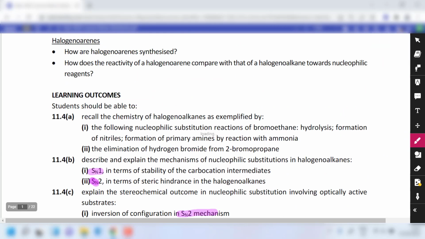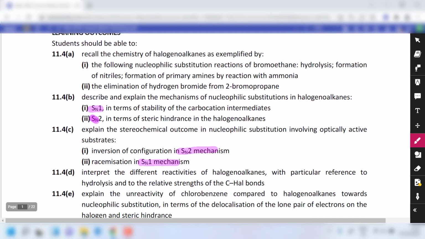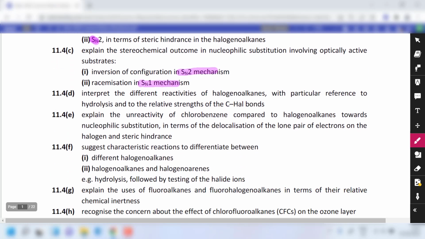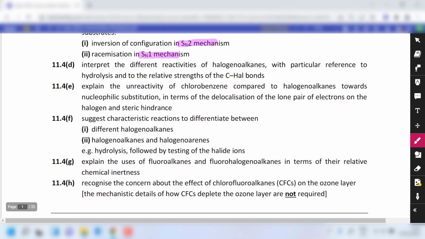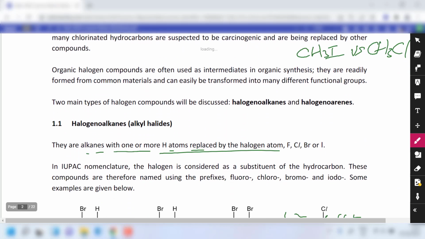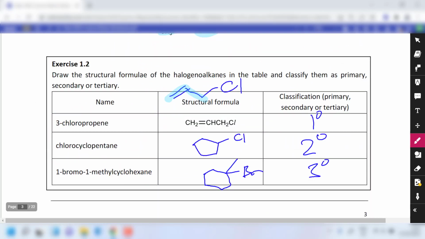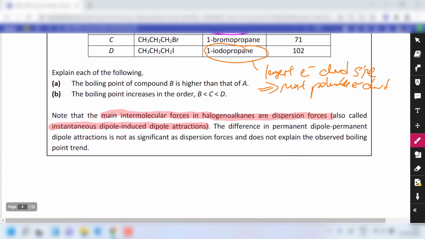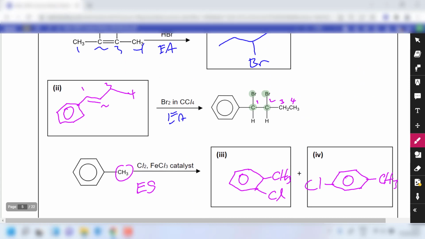In the learning objectives, we highlighted the importance of students understanding the mechanism of nucleophilic substitution, particularly SN1 and SN2. Elimination is not mentioned for the case of mechanism. Let me repeat: for mechanism wise, elimination is not required.